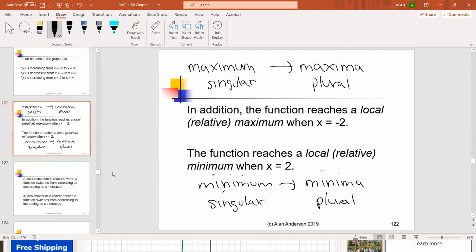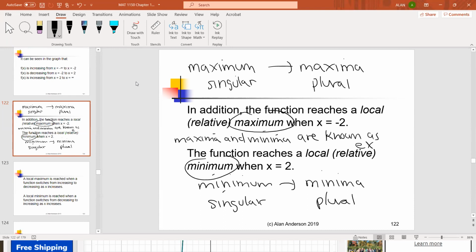All right. Also, both maximums, or maxima, I should say, and minima, are referred to collectively as, you sometimes hear this word, maxima and minima are known as extrema, they're called, where the singular is extremum.